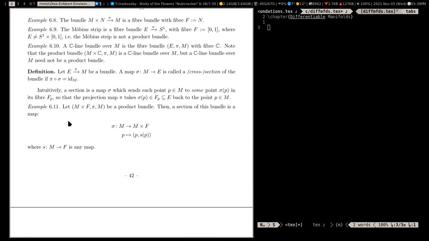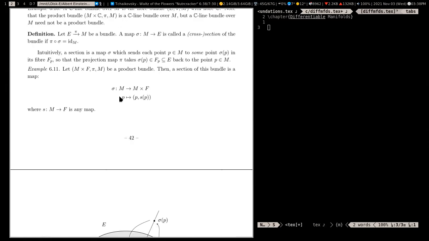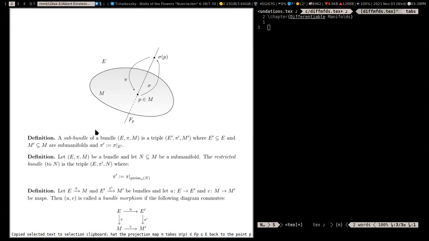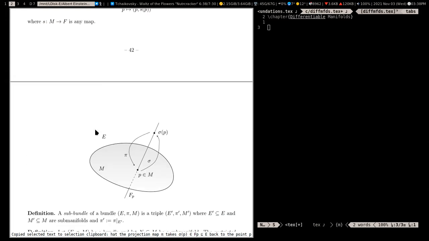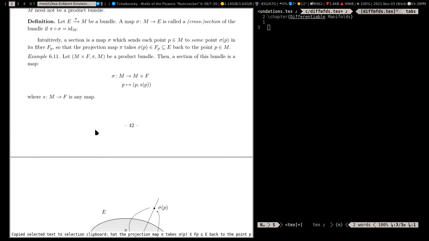If we look back at the product bundle, then a section of this bundle is the map which takes every point in M and gives you an ordered pair P, S of P, where S is any map from M to the fiber, right? So it gives you an ordered pair of the manifold with the fiber. So that's what a section is.